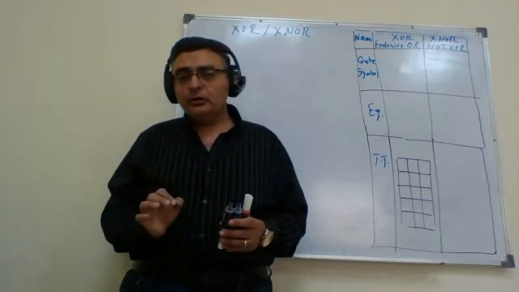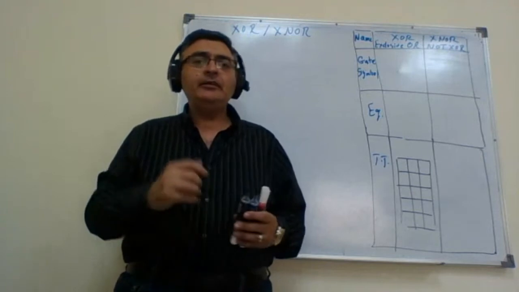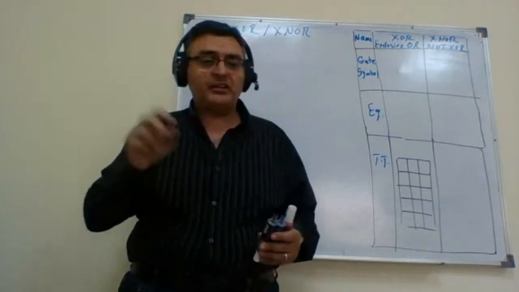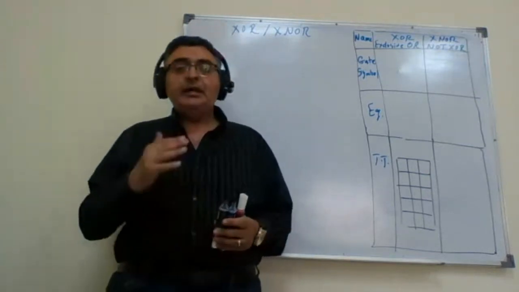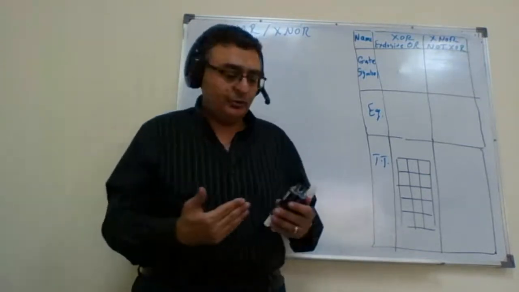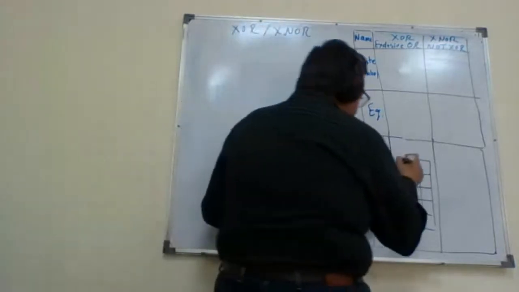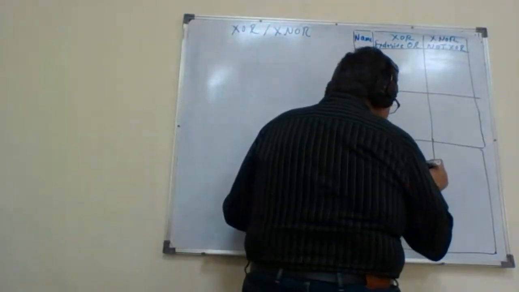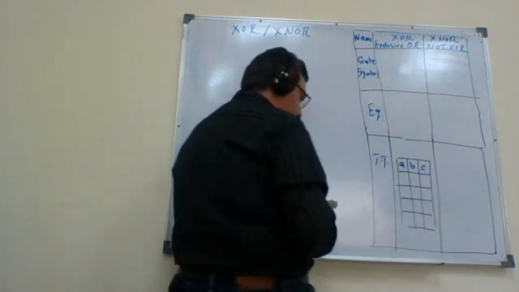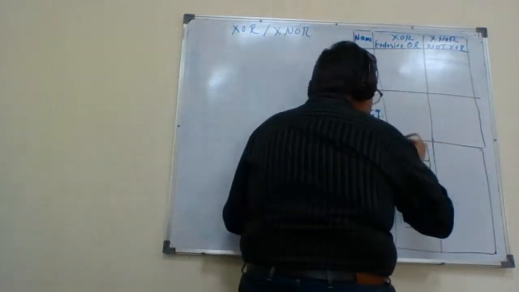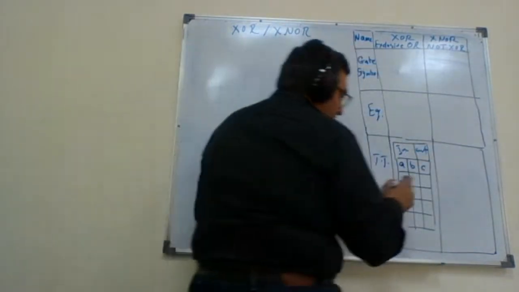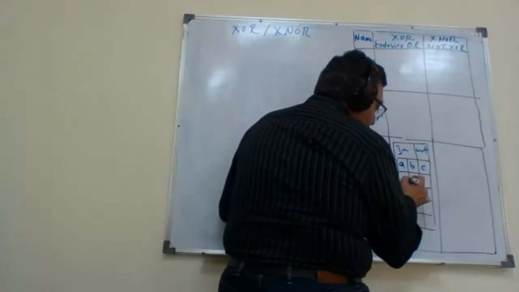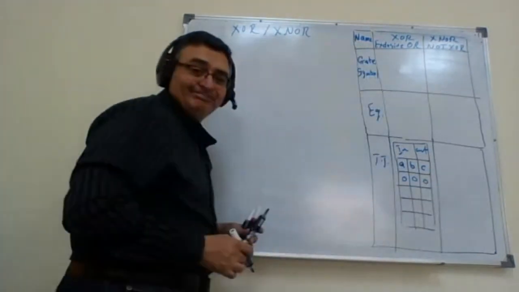The exclusive OR is actually telling you that either me or you, but not both of us. That means it is very similar to the OR. In which sense? If I have the inputs A and B, and I have the outputs, if both A and B are 0, the output will be 0, similar to the OR.